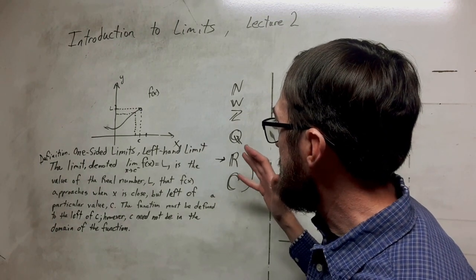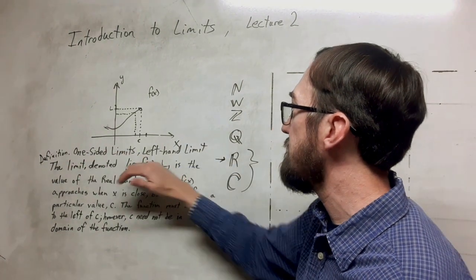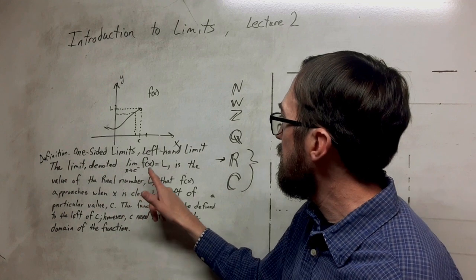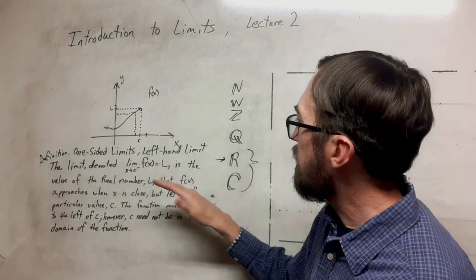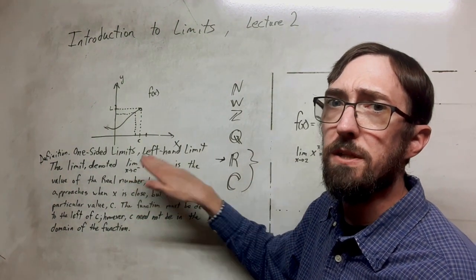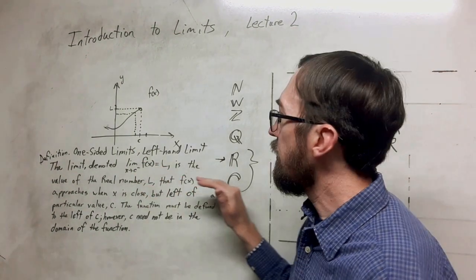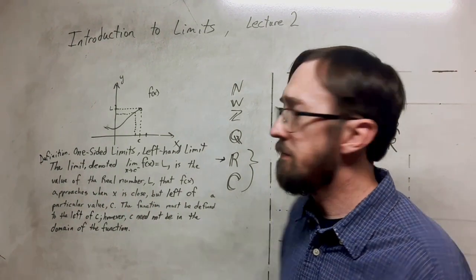So the definition that I have is for a one-sided limit, specifically for the left-hand limit, and we're going to use this notation. I especially need to point out right here where c is, we have this superscript negative. This is our indicator that we are going to approach this particular value from the left.